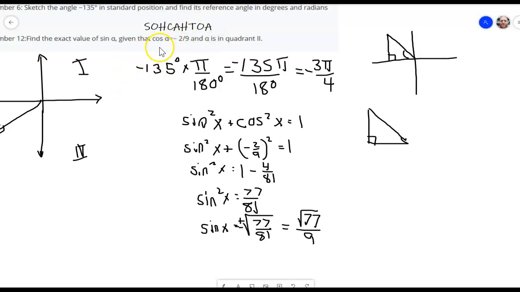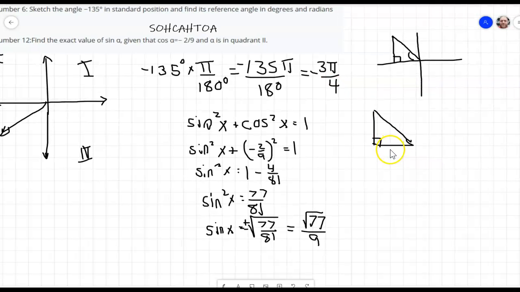So this is the cosine. The cosine is the adjacent side over the hypotenuse, which is the longest side, the side opposite our right angle. So the adjacent side would be 2 over the hypotenuse, which would be 9. So I'm going to write this as 2.